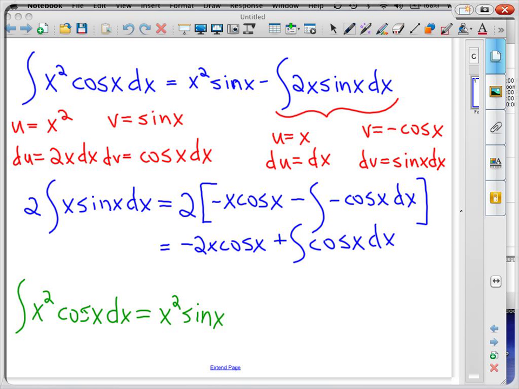So follow closely and watch my signs to make sure I don't make any errors. This will become plus 2x cosine of x minus, because the negative sign carries in, the integral of cosine of x, which we all know is just sine of x plus c.